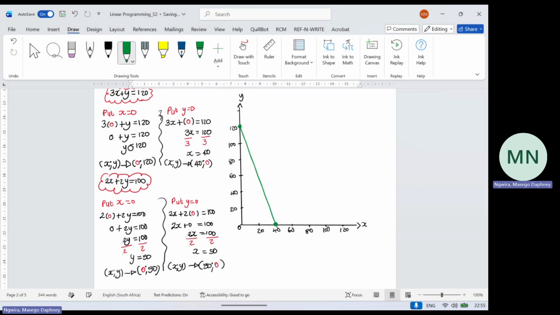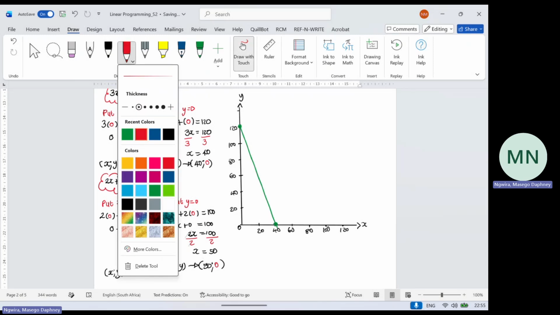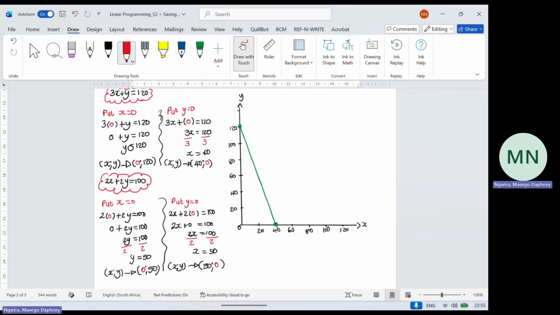All right. And then after this, you draw the second graph. I'm just going to use the red color. The second function, which is 2x plus 2y. You'll see that our x is 50 and then our y is also 50. Then we join those two.